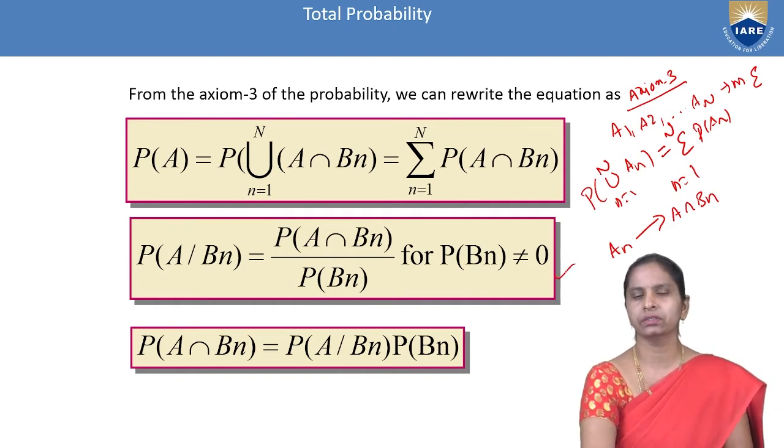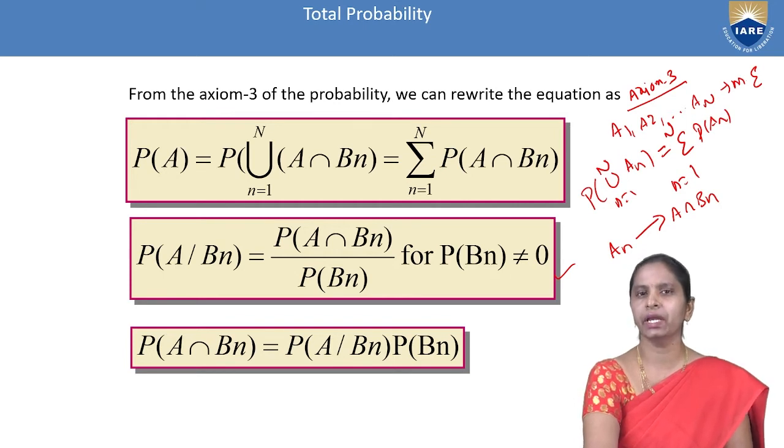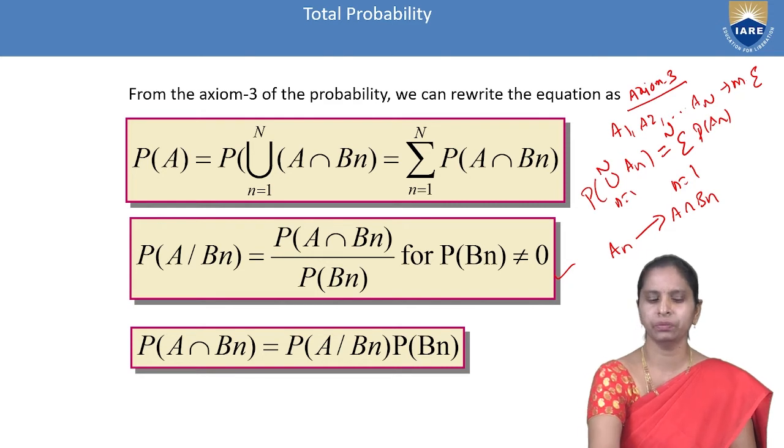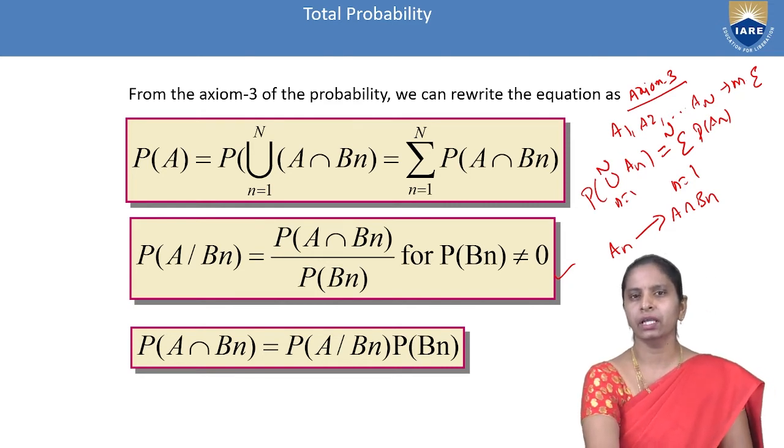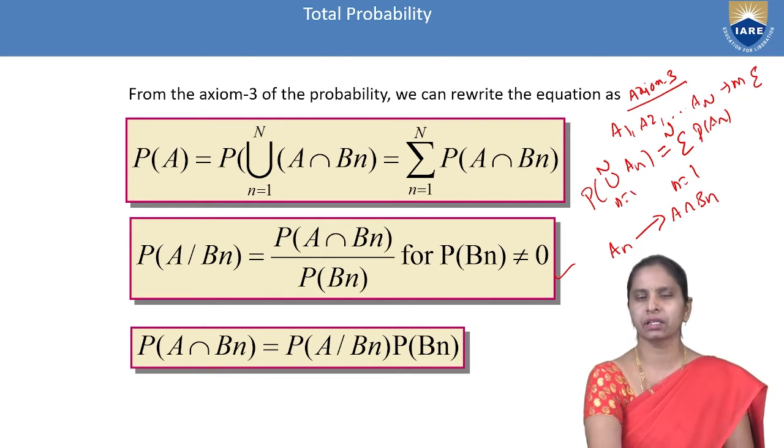conditional probability. So what is the conditional probability of an event, P of A by B? It is called the conditional probability. The probability of an event A given the event B is nothing but conditional probability. Here P of A by Bn. And already in the previous lecture we have seen the conditional probability.